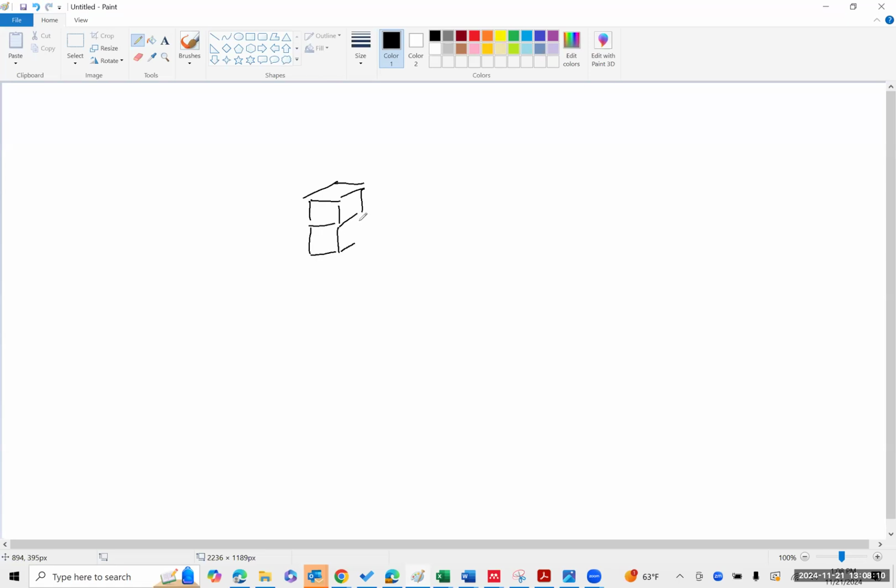So we could add one there. Then we can add another cube here. So I've added two, and then I'm gonna add one beside it and one in front of it.